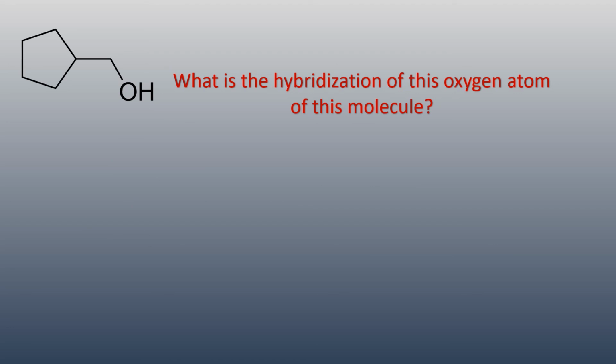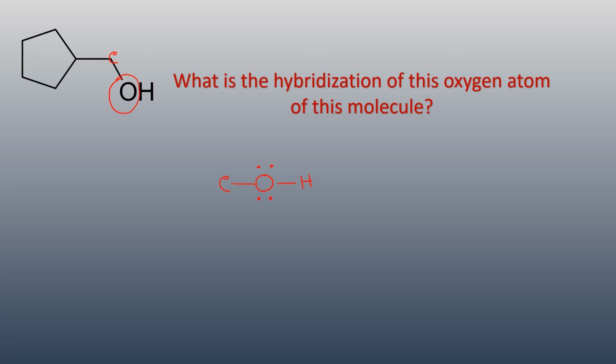Now in this molecule, we have to find out the hybridization of this oxygen atom. So now let's draw the bonding pattern of this oxygen atom. Oxygen is attached with one hydrogen atom by sigma bond, and it's attached with another carbon. So this is the carbon, and oxygen has 2 lone pairs.